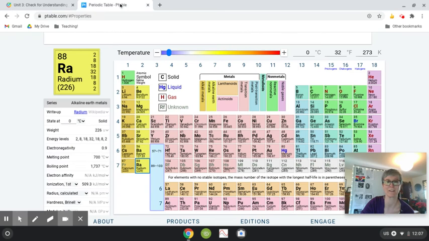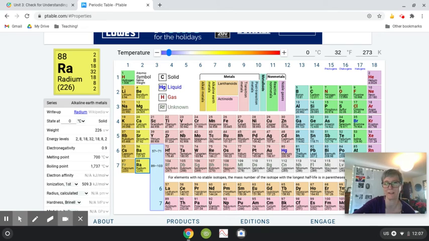Remembering on the periodic table, you can find it. If I click on boron, I'm going to see that it's going to be a metalloid. Circling here is the series of metalloids right here. It's not, it's a transition metal.